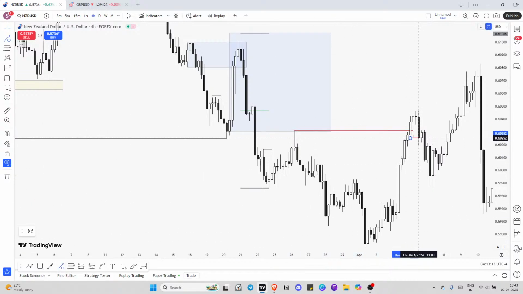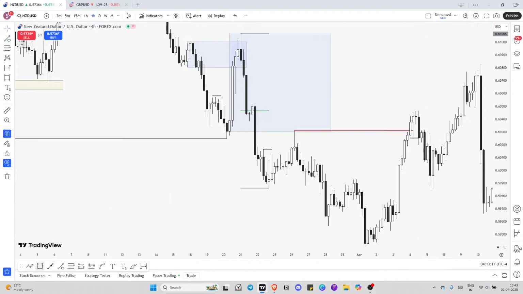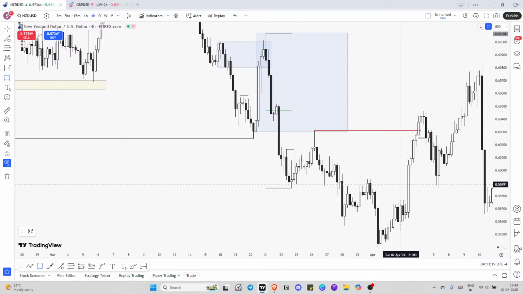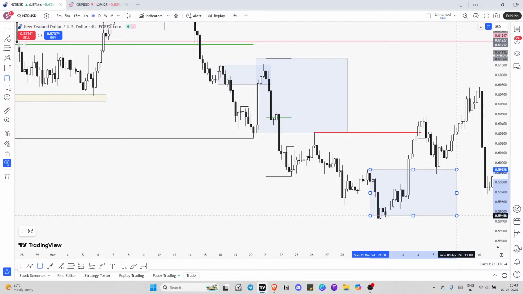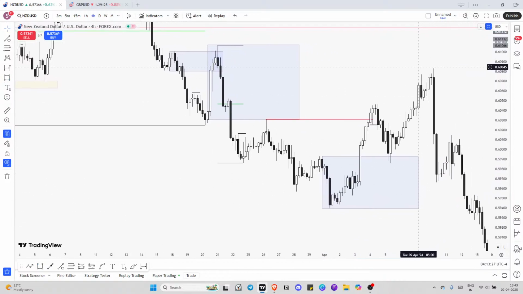This is an inducement type of seller. The first order block that we find. Push with this, push higher, came back here. Up here, tapped into the higher time frame.